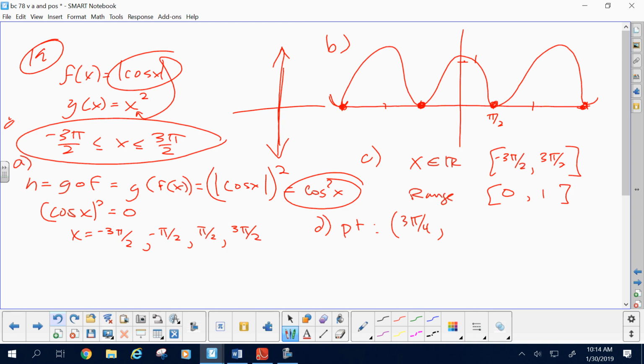Negative root 2 over 2, and then squared it is 1/2. Okay, the slope is the derivative at 3 pi over 4. I wrote 1/4. Sorry. Okay. Thank you. What's the derivative of cosine squared? Please, I beg you, use the chain rule.